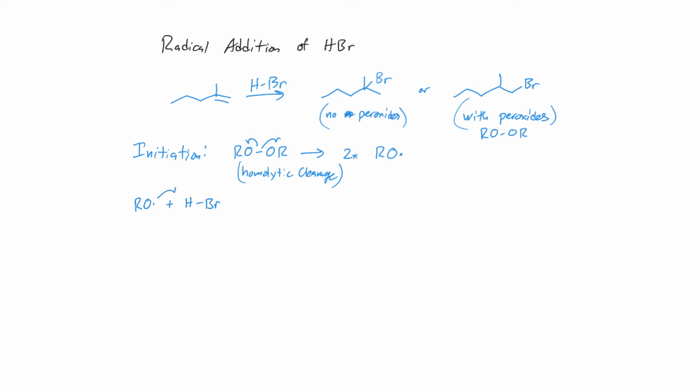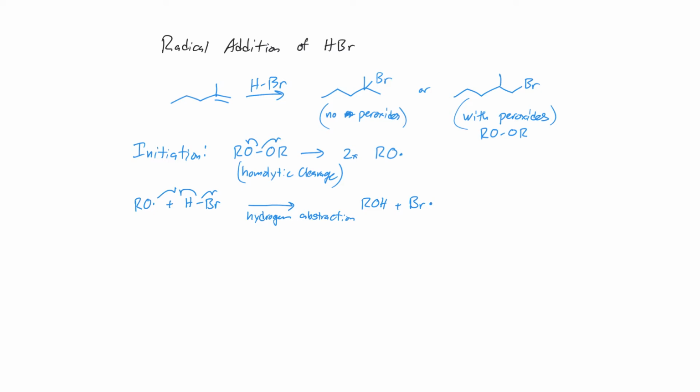And we can create ROH and a bromine radical. And this is hydrogen abstraction. And now I have ROH, which plays no more role in the reaction. And I have the bromine radical, which is now my active radical species.